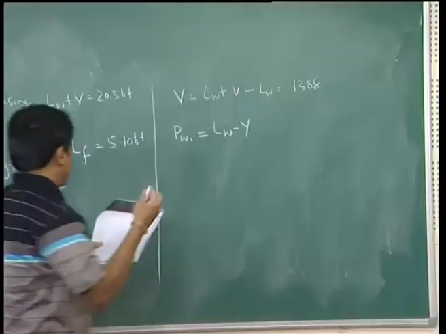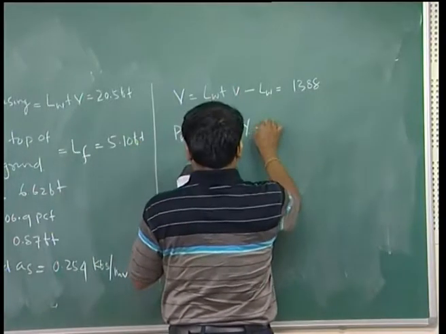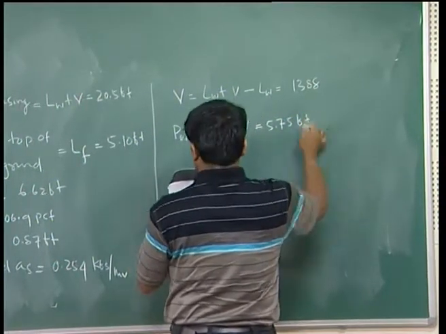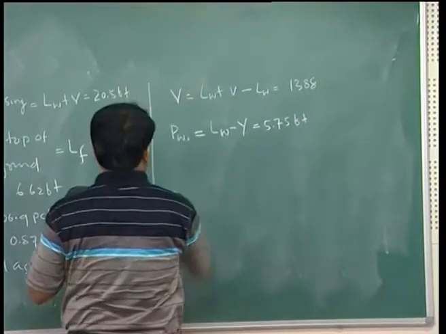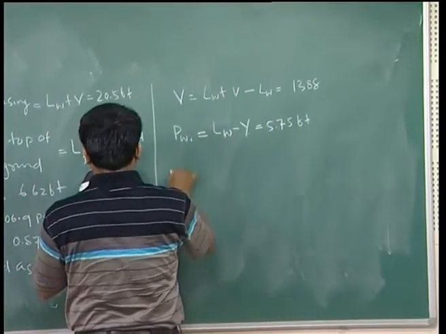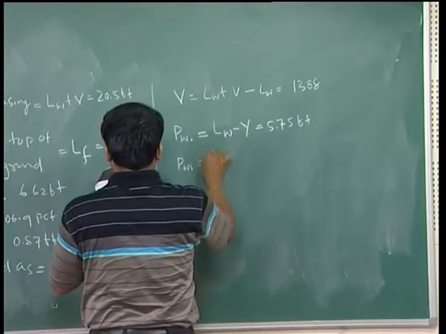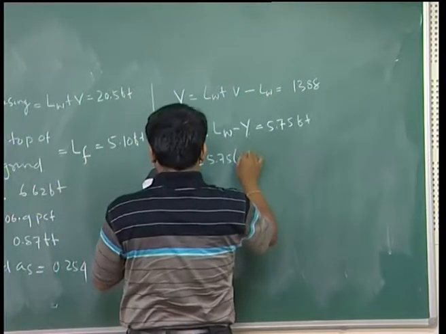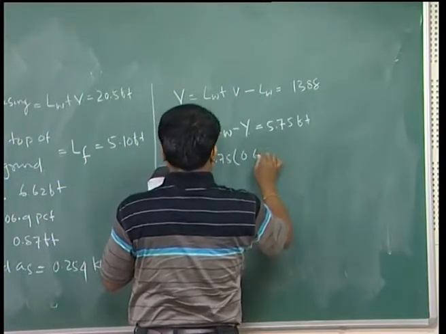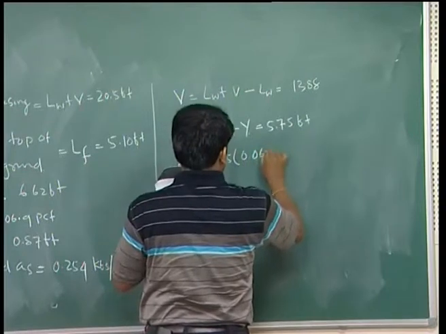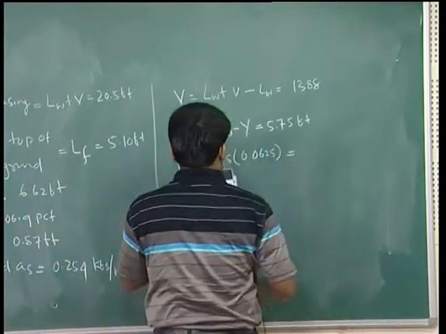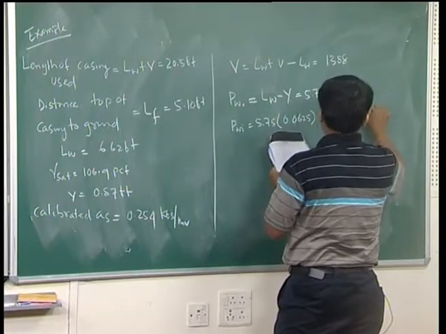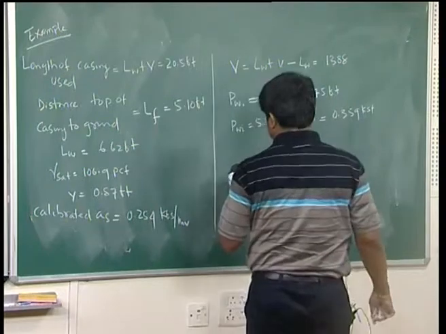So, pressure height is equal to 5.75 feet. Now, total pressure, pressure is equal to 5.75 into gamma W, which is 0.0625, which is equal to 0.359 KSF, kips per square feet.